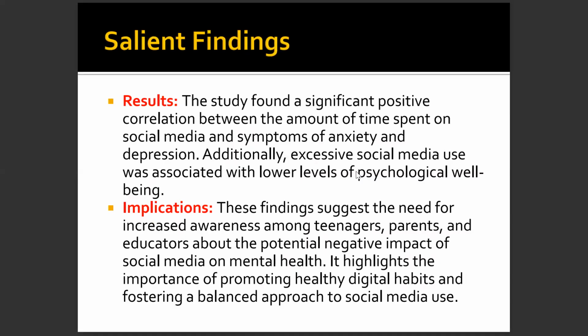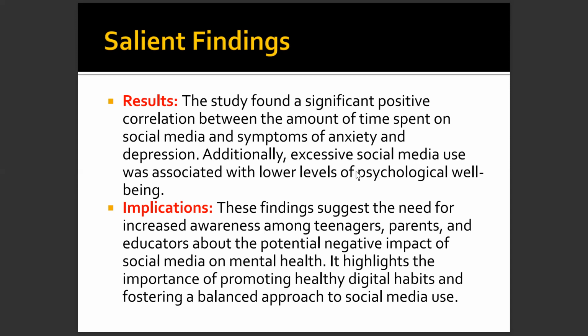Second part would be the results. The study found a significant positive correlation between the amount of time spent on social media and symptoms of anxiety and depression. Additionally, excessive social media use was associated with lower levels of psychological well-being. And the last would be the implications. This finding suggests the need for increased awareness among teenagers, parents, and educators about the potential negative impact of social media on mental health.